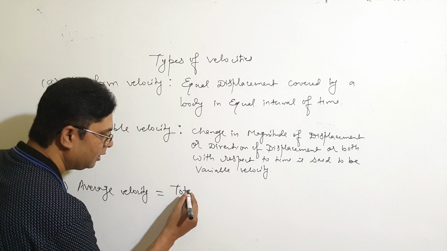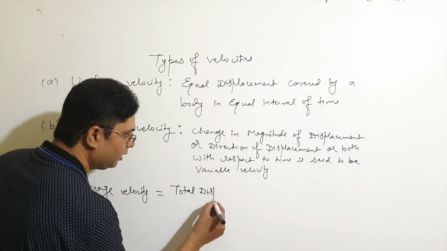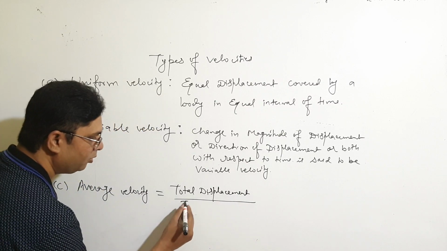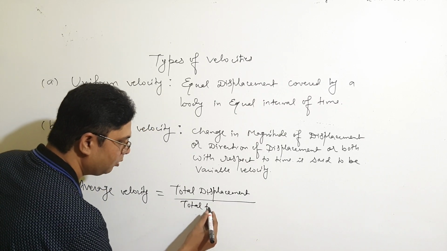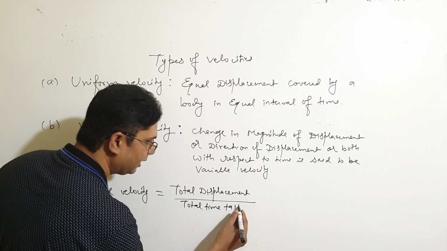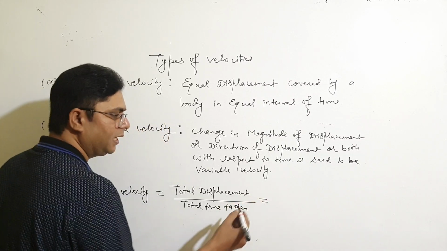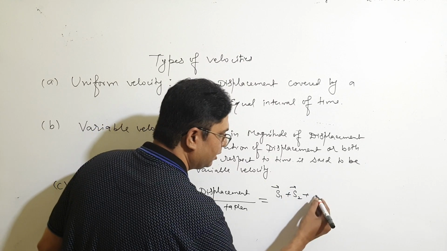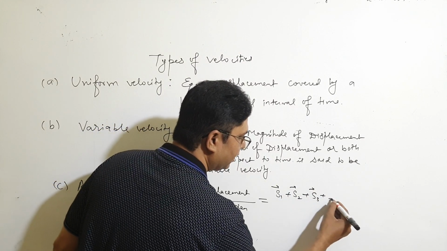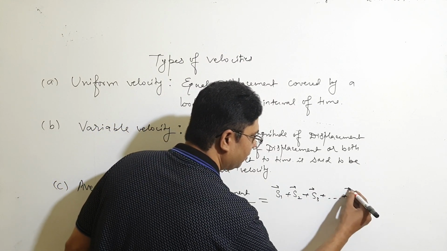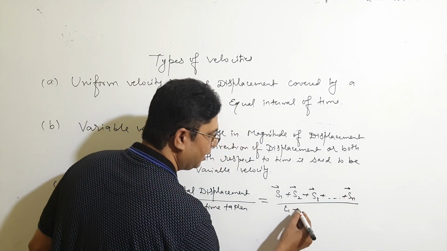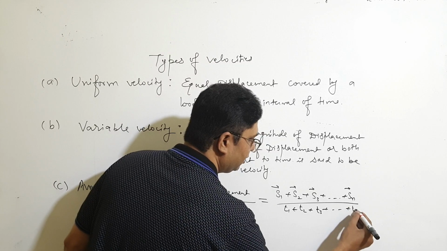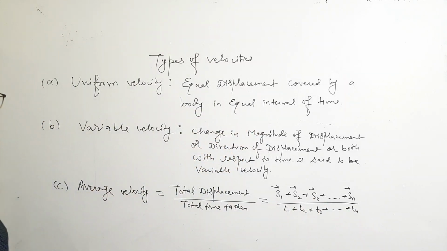So this is total displacement upon total time taken. This means that if the displacements are S1, S2, S3, take the vector sum of all the displacements, divide by time T1, T2, T3, Tn. This is said to be average velocity.